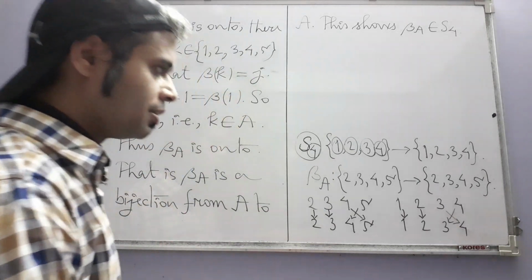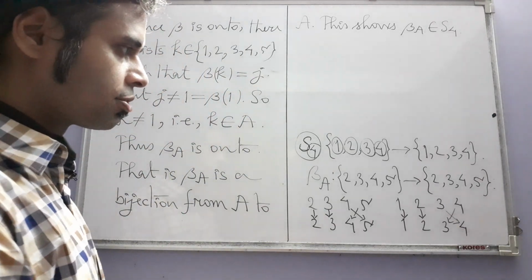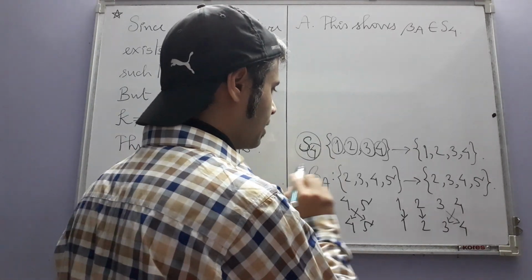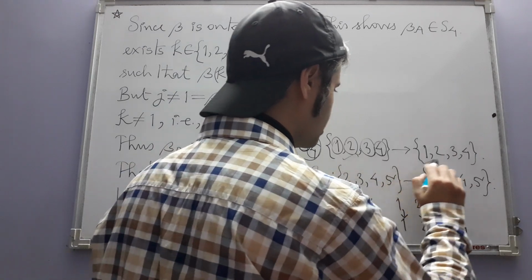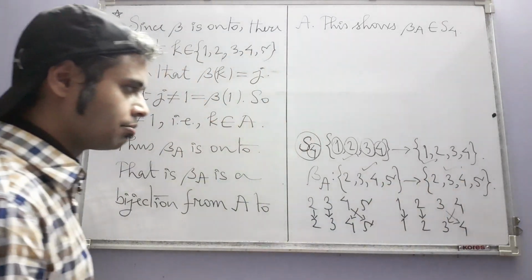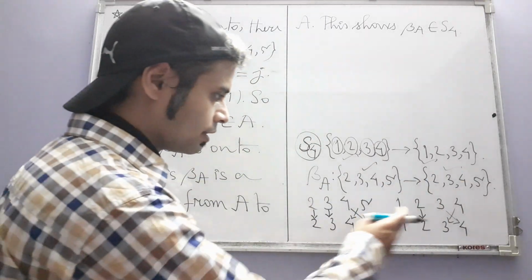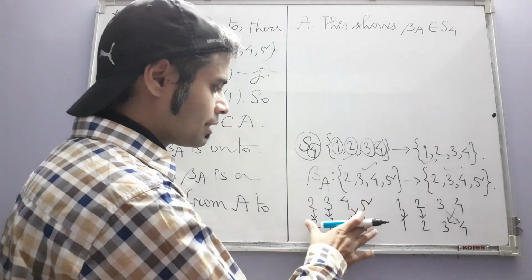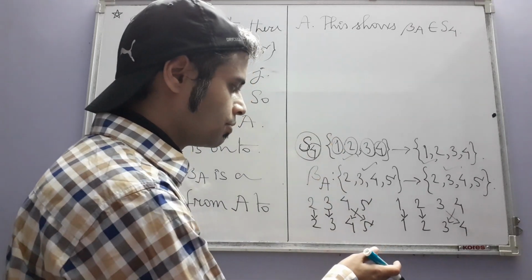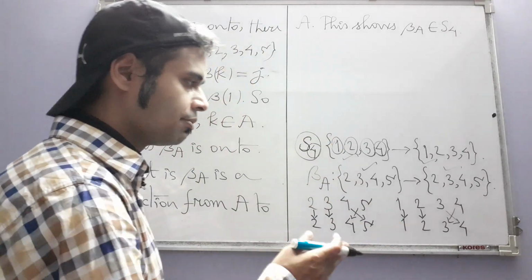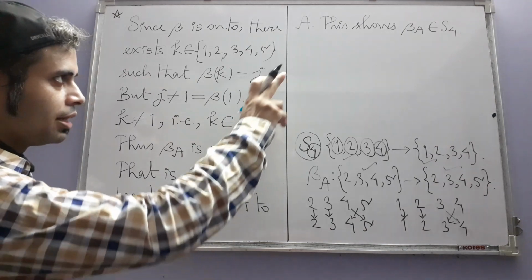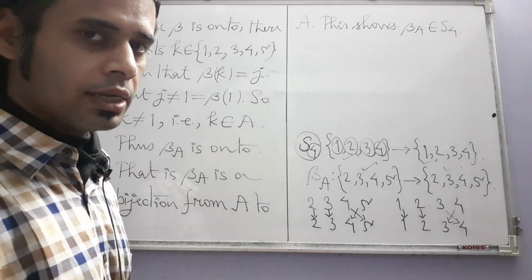If you want to be really annoyingly strict about everything, you can think of two S4s. In one, you have functions from this set to this set that are bijections. In another one, you have functions from this set to this set that are bijections. But you can clearly see that you can set up a one-to-one correspondence between that S4 and this S4, and they will behave exactly similarly. Okay, so in that sense, we are writing beta A belonging to S4.